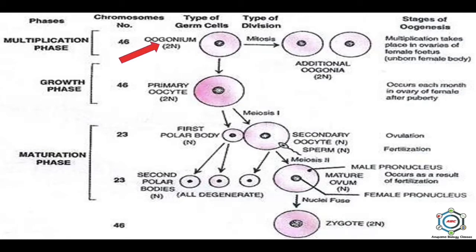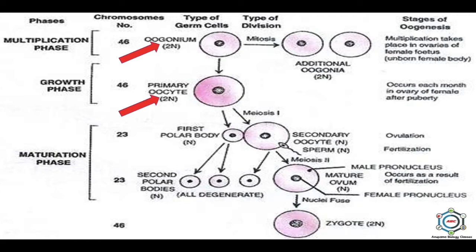In the first stage, the multiplication phase, certain cells of the ovaries are larger than the others and have large nuclei. These cells undergo mitotic divisions, producing undifferentiated female germ cells, the oogonia or egg mother cells. These oogonia, which are diploid, undergo mitotic divisions to form the primary oocyte, the future ovum.